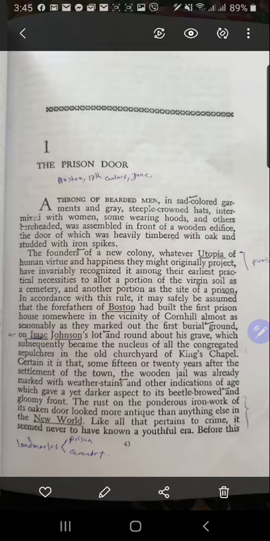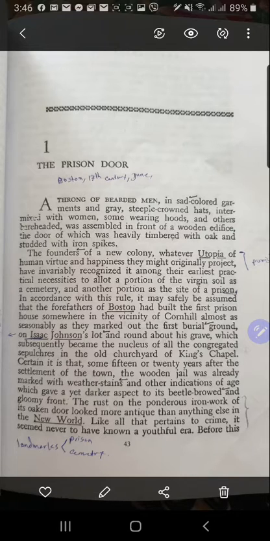So he now explains that Puritan people are controlling Boston City, and they are practicing their own authorities, which are wrong. They are doing wrong for the people, and people started to suffer from this mistreatment. So he starts the novel with the prison door, the title.